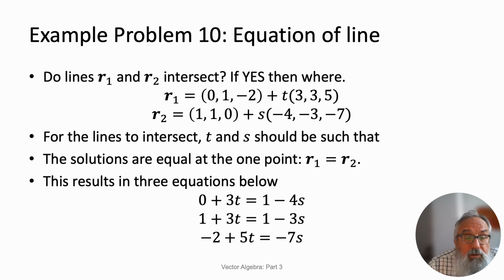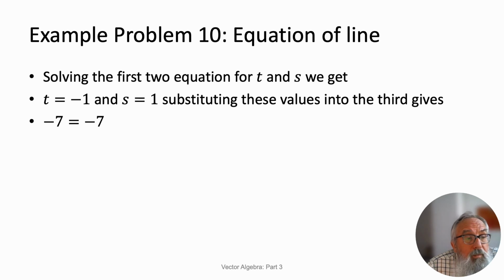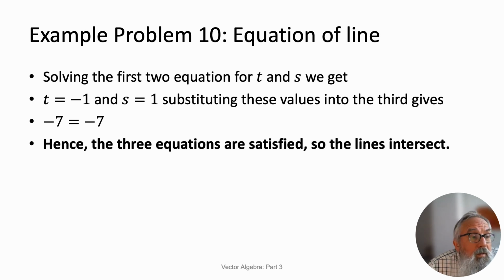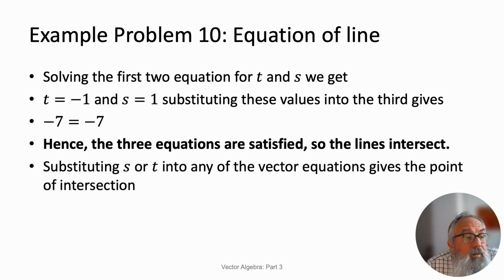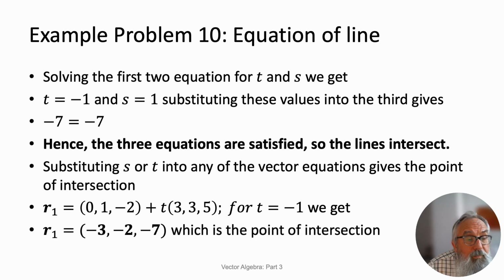Are there any s's and t's where these are true? This can be the case. We can see from our equations, if t equals minus 1 and s is equal to 1, it gives minus 7, 7, hence the three equations are satisfied, so the lines do intersect. Substituting s or t into any of the vectors gives the point of intersection, which turns out for this one R1 equals (minus 3, minus 2, 7).